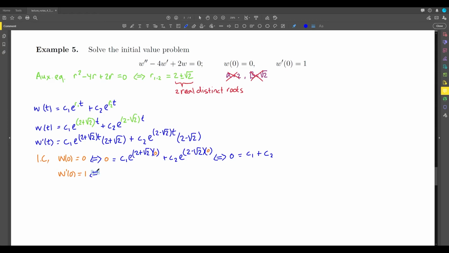So that is equivalent with 1 equals c1 times 2 plus square root of 2, I'm moving that factor to the front, and then e to the power 2 plus square root of 2 times 0, plus c2 times 2 minus square root of 2 e to the power 2 minus square root of 2 times 0.